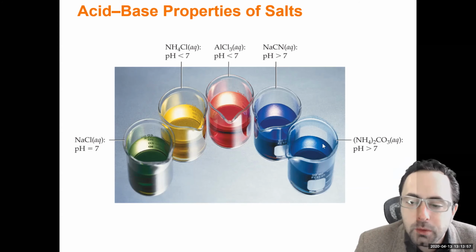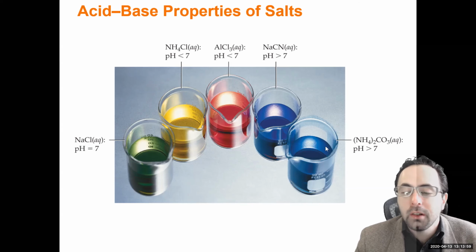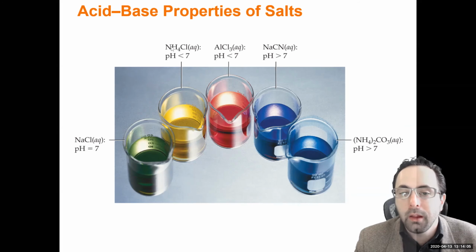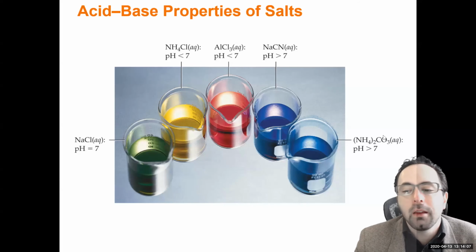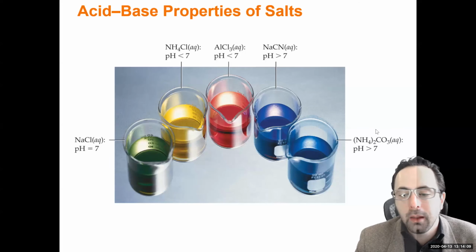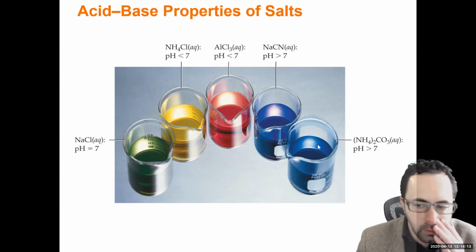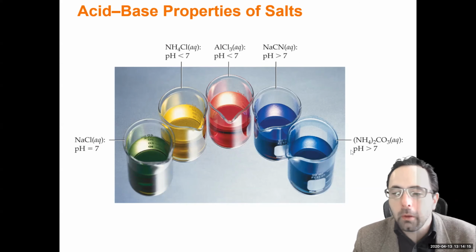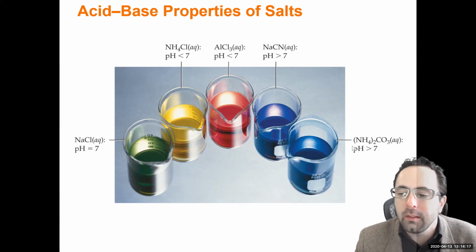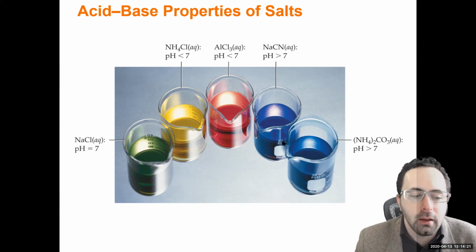Now, sometimes you could have a mixture of acidic positive ions, for example, ammonium ions are acidic, as we saw right here, and basic negative ions, such as carbonate. To determine whether the solution overall would be acidic or basic, we would have to compare the Ka of the acidic cation to the Kb of the basic anion and see which one is bigger. That's what would tell us if the solution is acidic or basic.